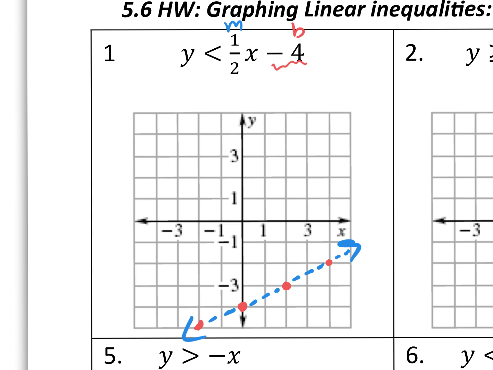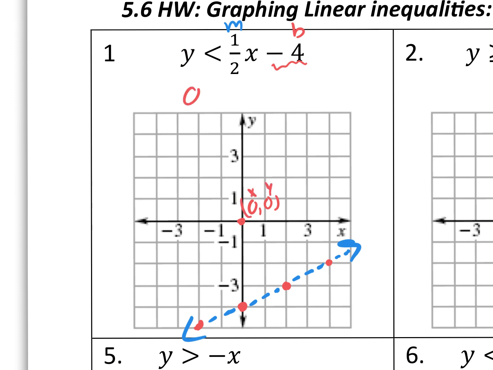They're either going to be on one side of the line or on the other side, depending on which points work. Now, you could go ahead and test a point like 0, 0. If I test the point 0, 0, 0 for x, 0 for y, I could plug in a 0 here.